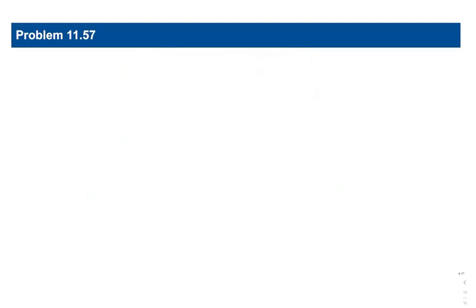Without a calculator, find the sum of the digits of the number 2003 to a power 4 minus 1997 to a power 4. Let's say x equals 2000.